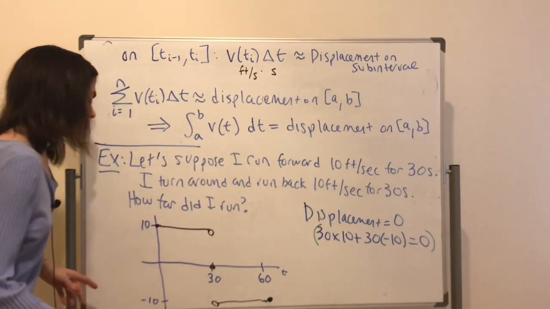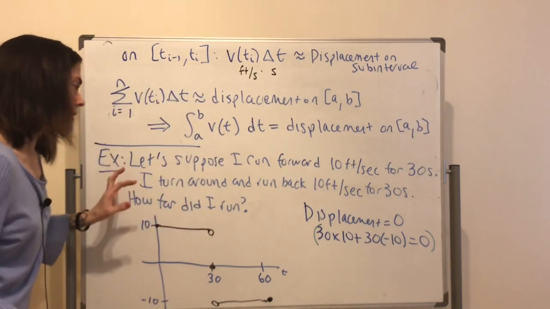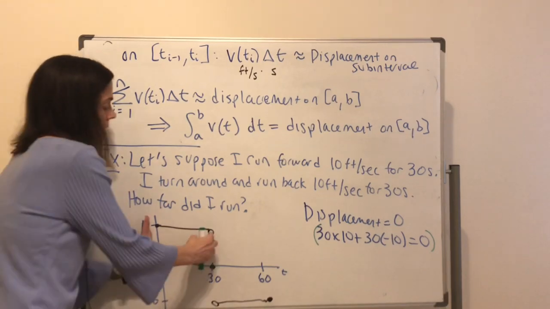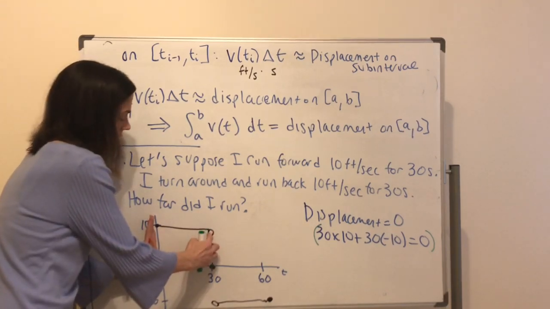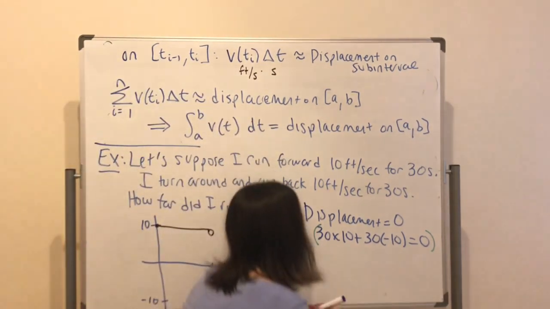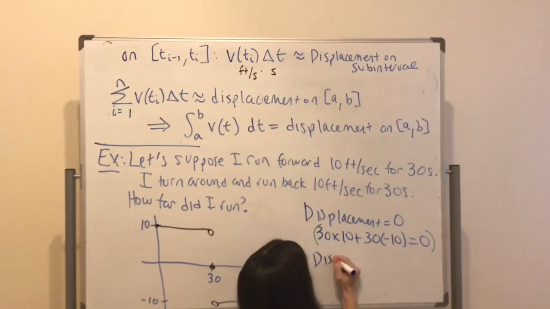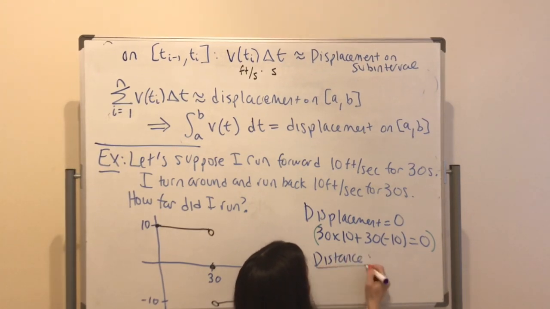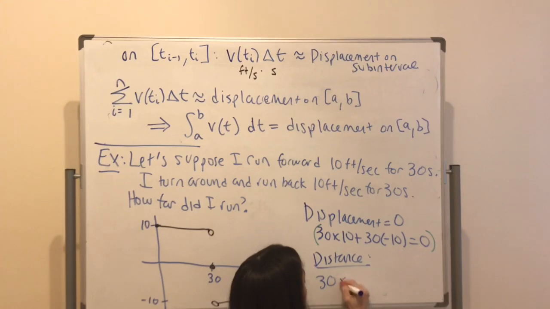So the distance in here, well, all that would happen on here, you see for the first 30 seconds, my distance traveled is 300 feet. I'll write 30 times 10.